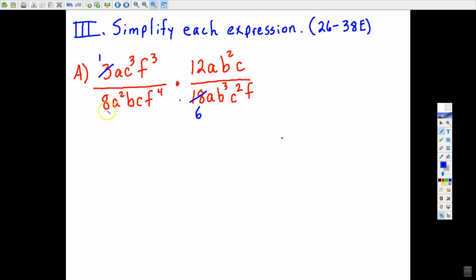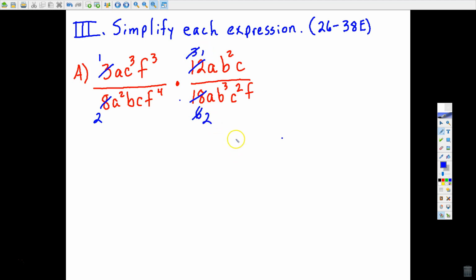I can go this way diagonally, and I can reduce or divide by the same number, which would be 4, the largest number that goes into both 8 and 12. 4 goes into 8 2 times, and 4 goes into 12 3 times. And then within a fraction, we've already experienced this a lot. I can take 3 over 6, divide by 3 into each, and make it 1 over 2.